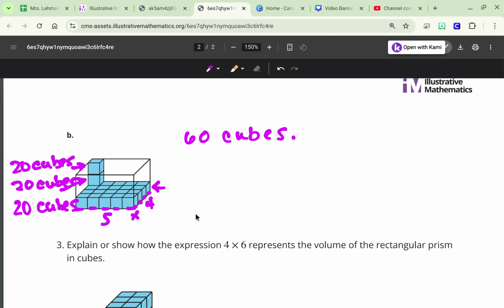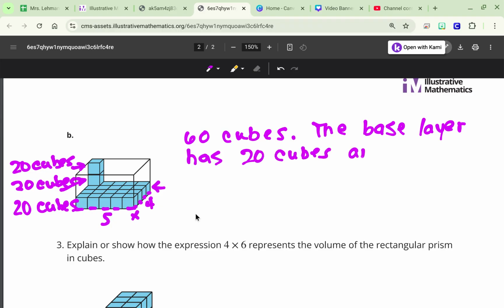Now we do need to go ahead and explain this. So we could point out that the base layer, where we started on the bottom, has 20 cubes. And there are 3 layers to the full prism, right?